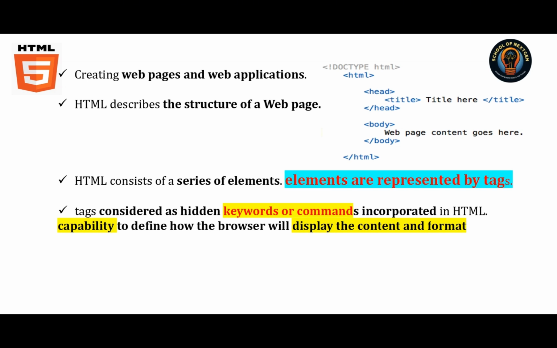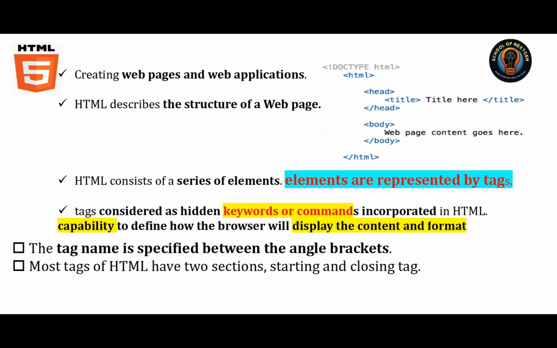The tag name is specified between angle brackets. Most HTML tags have two sections: one is the starting tag, the other the closing tag. We'll describe that a little bit later.